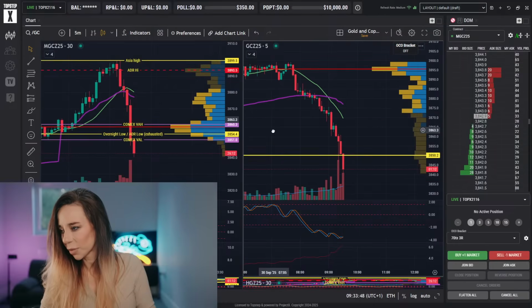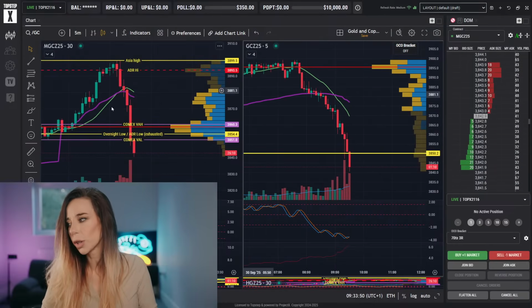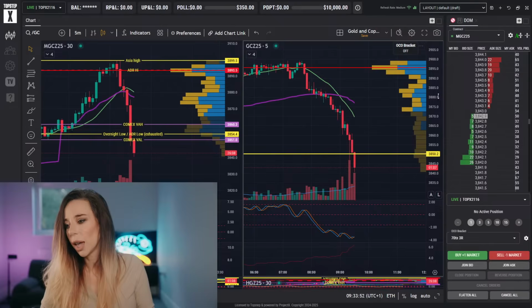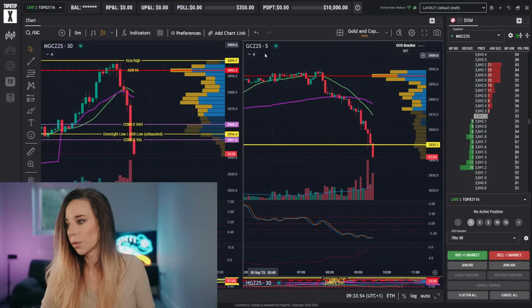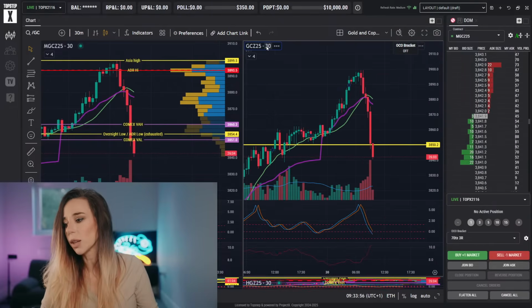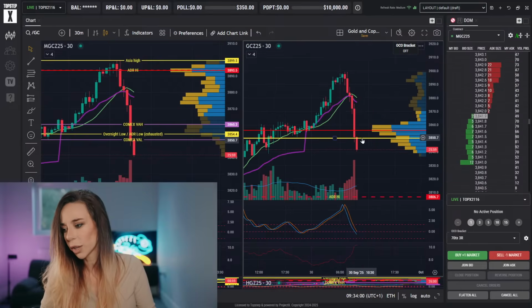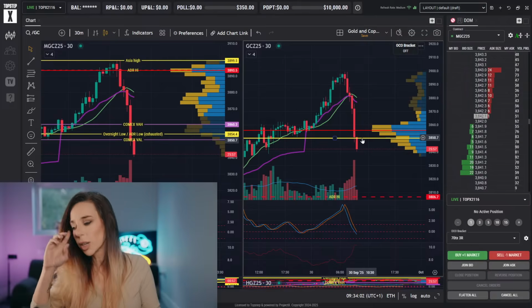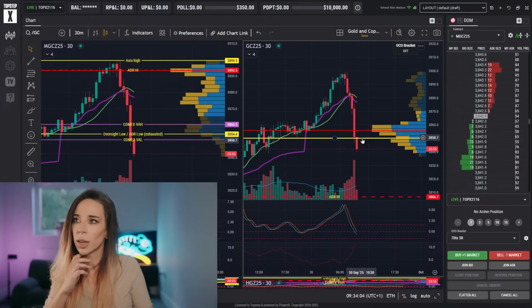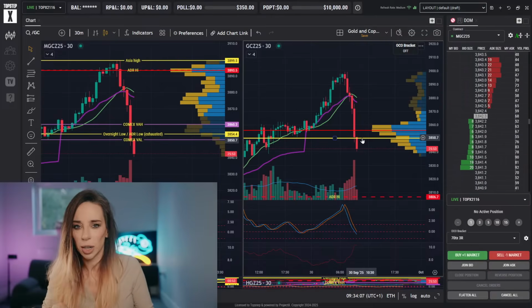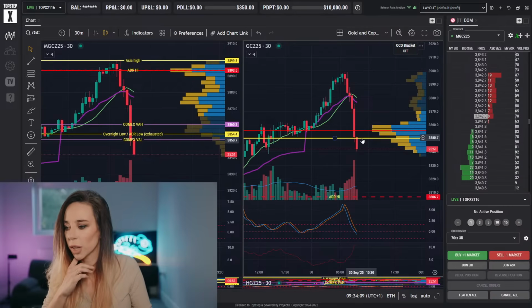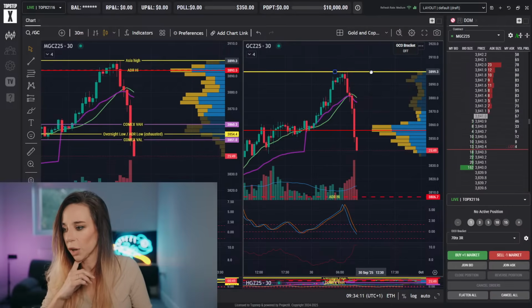So I've already put the charts on the micro gold, and I'm just going to take you through my process. The very first thing that I want to see is where the Asia high and low are located. Usually I like to do this closer to the LME open, so I will take in the overnight range instead of just the Asia range at that time of day, but let's work with what we've got at the moment.